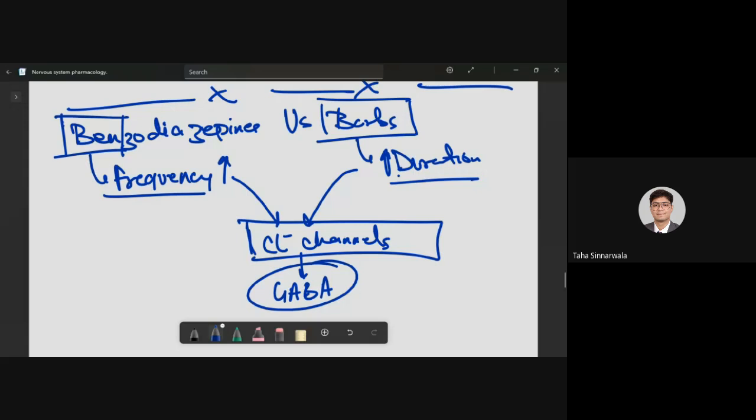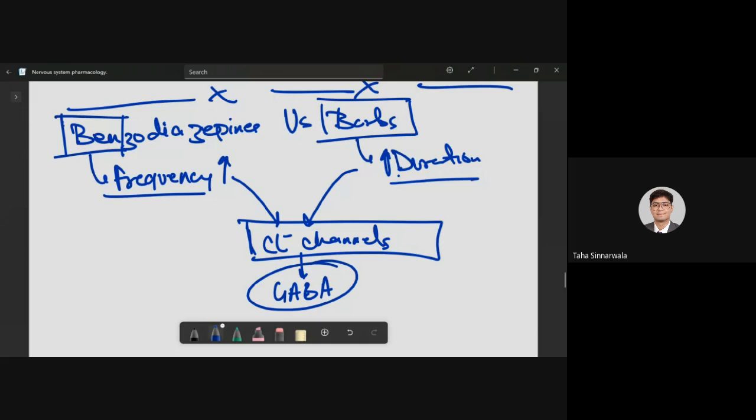And when it opens multiple times, a lot of chloride will go in, and that's why you'll have depression of the CNS. On the other hand, barbiturates just increase the duration that the GABA receptor is active and the duration for which the chloride channels are open. And then that will lead to CNS depression.